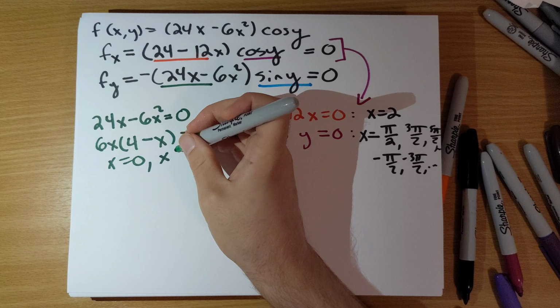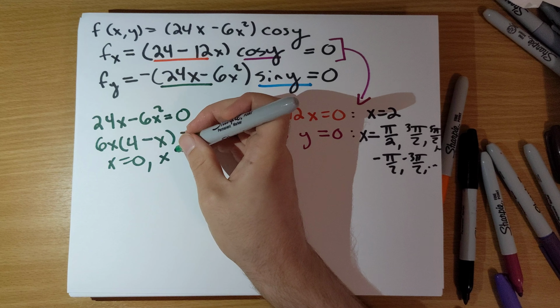And then the other case, sine y is equal to 0. So that is at integer multiples of pi. y is equal to 0, pi, 2 pi, along with negative pi, negative 2 pi. Okay, so what am I doing here? I said 4 and 0, I wrote down 0 and 0.